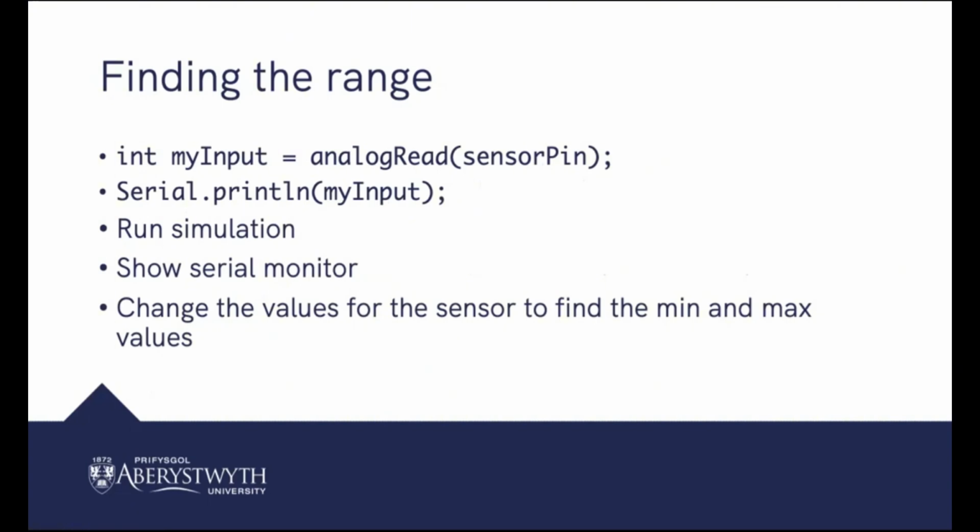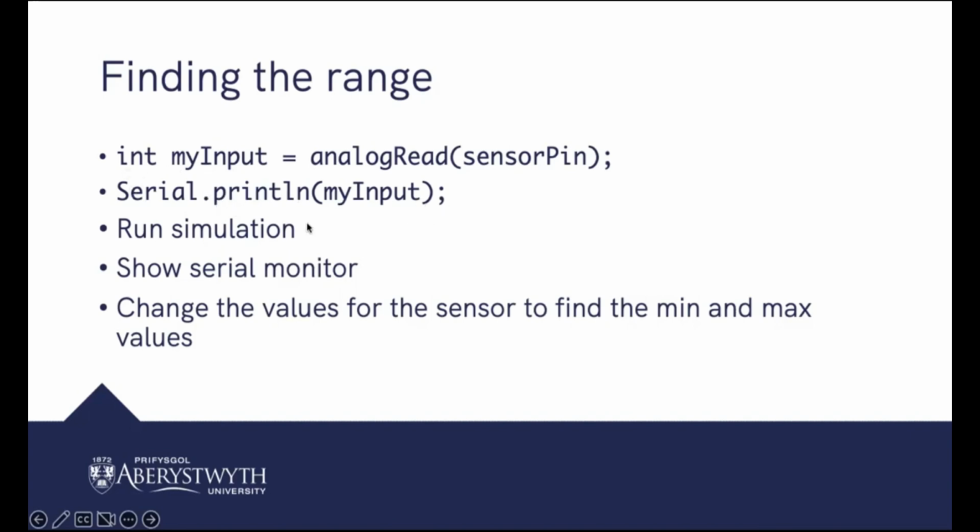Now do remember that if you are using this Serial.println, print line, then we do need to make sure that's initialized in the setup function. So that would be the Serial.begin, and then in the round brackets the magic number 9600, in order to make sure that this serial monitor is started up, ready for us to be able to print values to it.